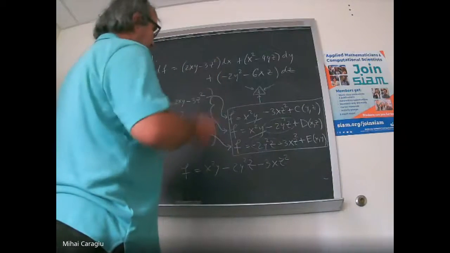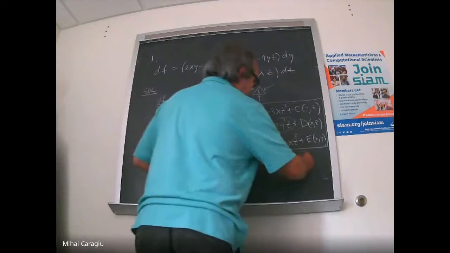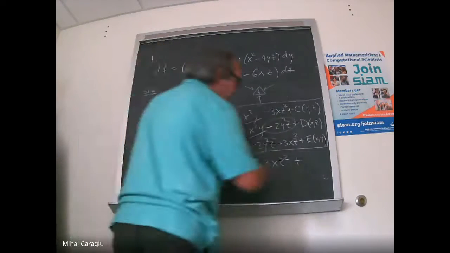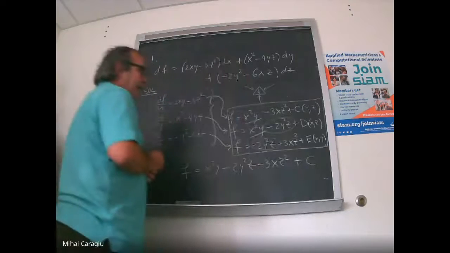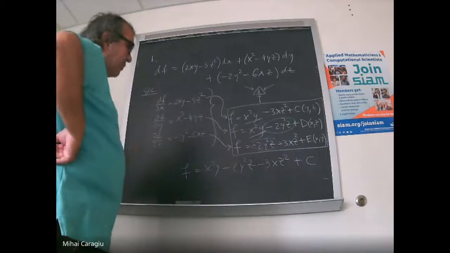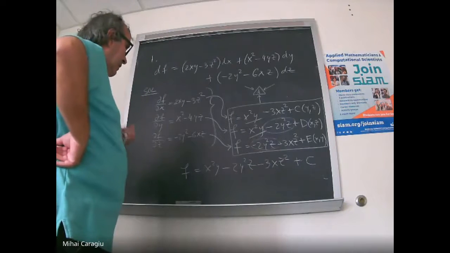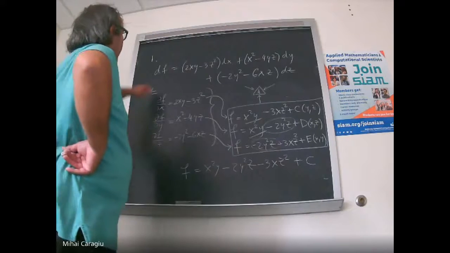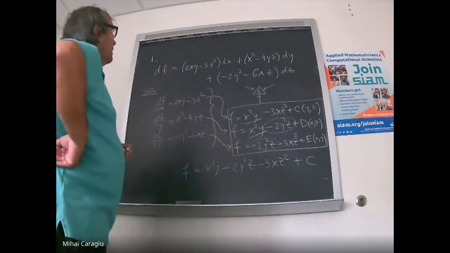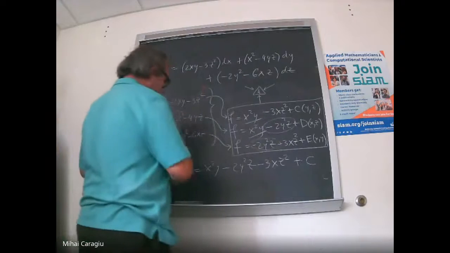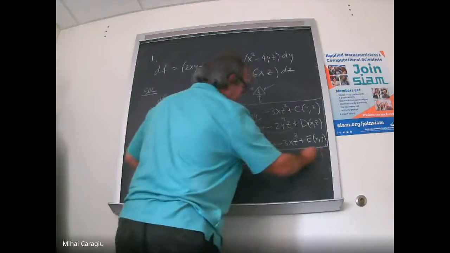There are no more pieces, so plus a constant c. So these are all the smooth functions in three variables satisfying that df is given by this formula. This is the answer to your problem.